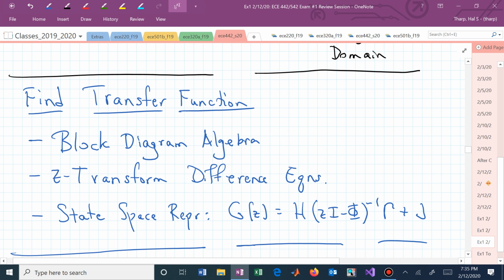State space takes a little bit more mathematical machinery, but you simply plug the appropriate matrices into this form and you have your transfer function. If you're running out of time, I would identify phi, gamma, h, and j, write down that expression, and then move on and say, let me work some more and I'll come back and do the inverse of zI minus phi if I have time.